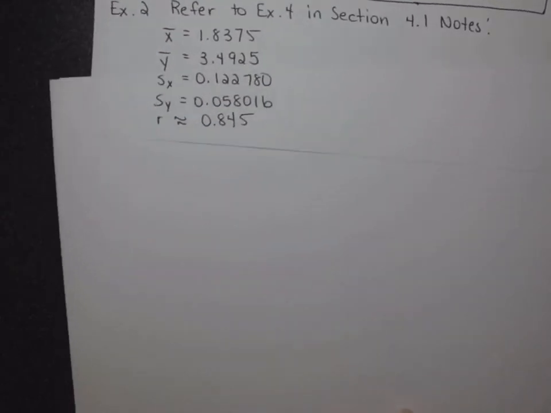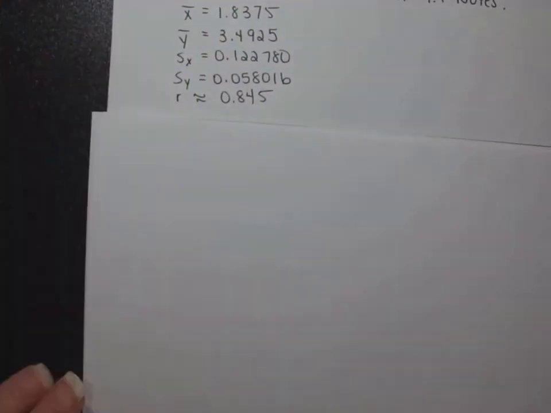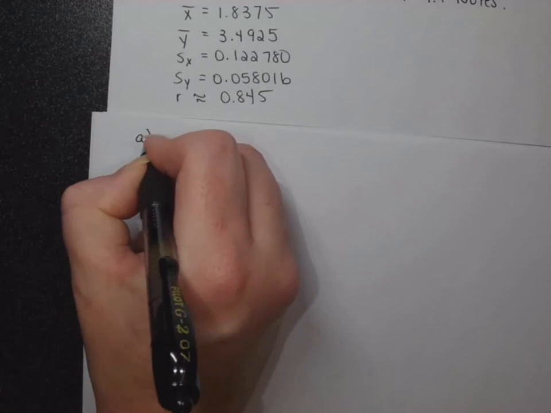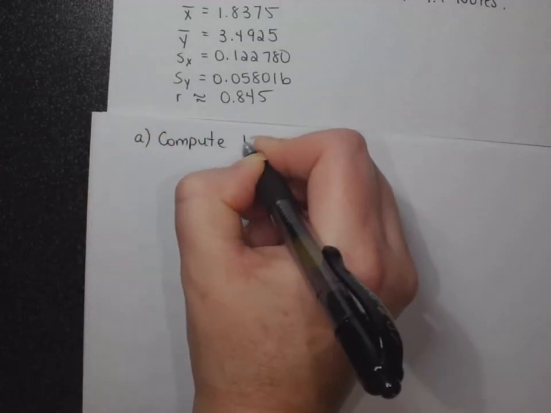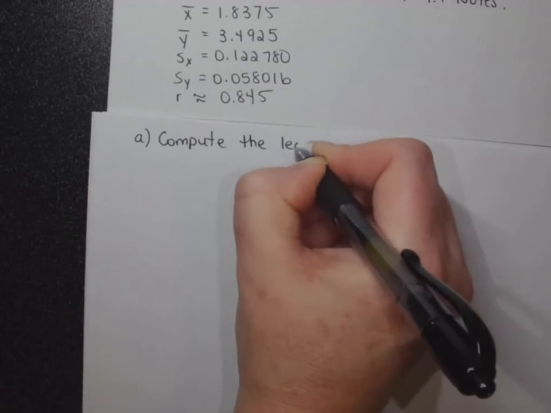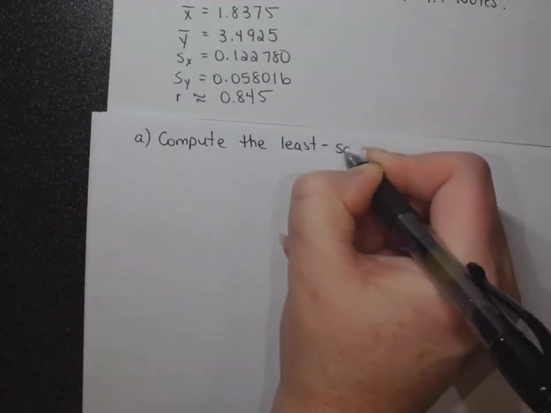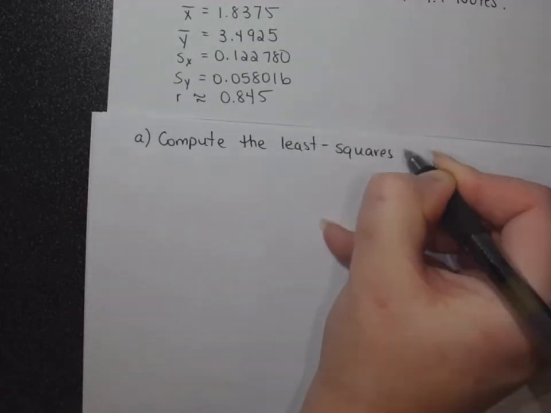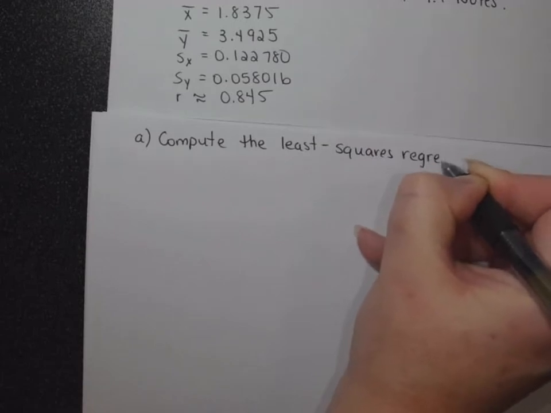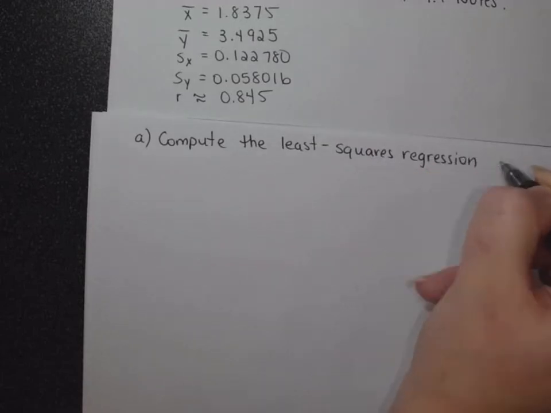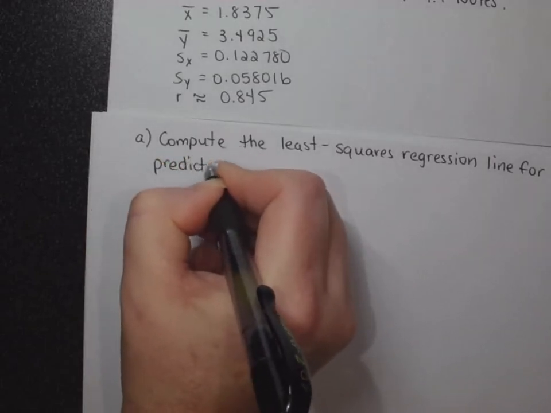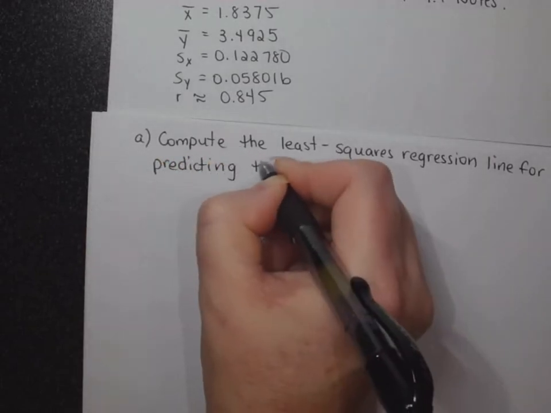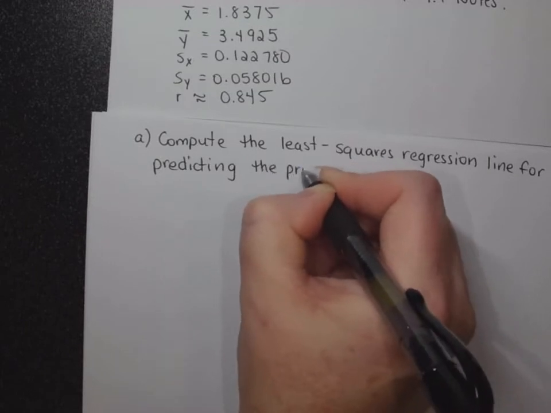All right, so using those values, the first thing I want you to do is compute the least squares regression line for predicting the price of milk from the price of eggs.